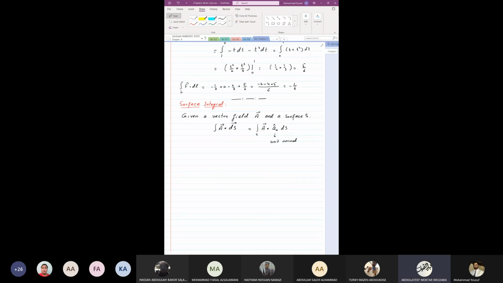Intensity, maybe? No. Density? No. It is flux. You are absolutely right. So this quantity gives us flux. Line integral gives us work.